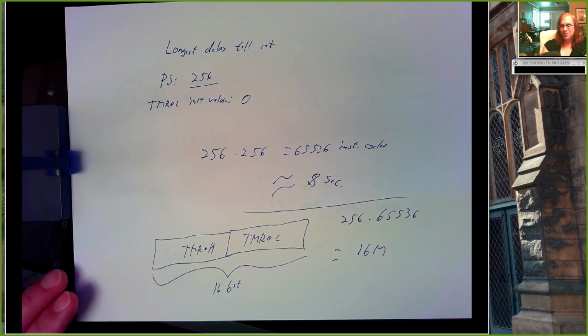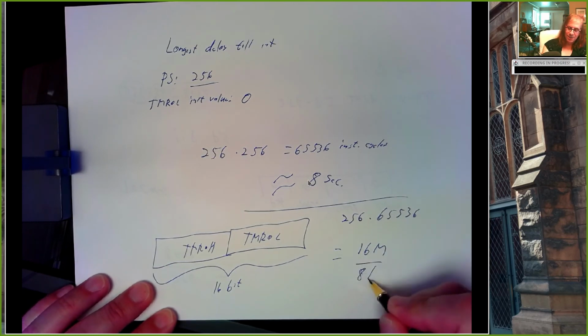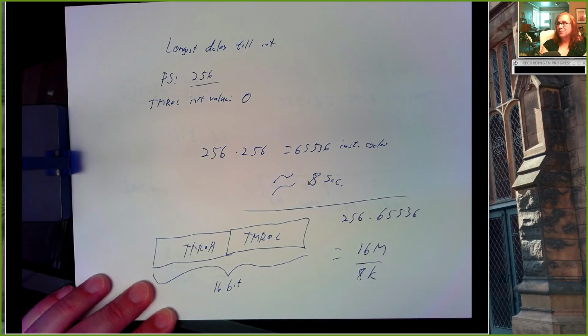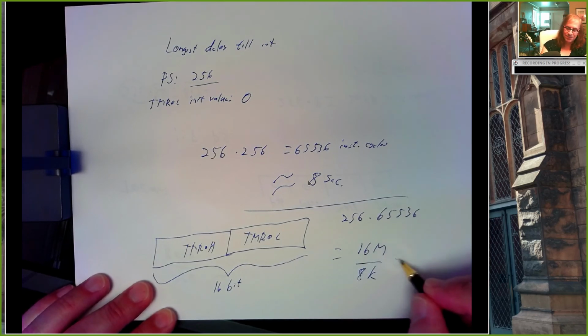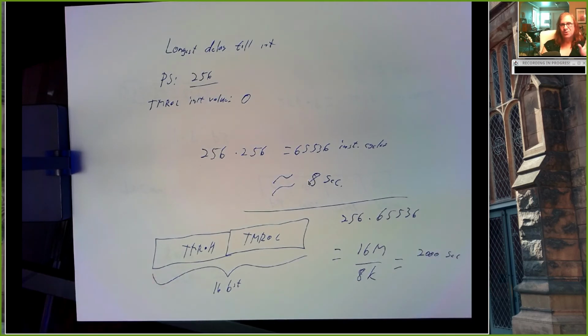So 16 million instruction cycle ticks. And if we divide by 8,000 instruction ticks per second, this would come out to 2,000 seconds. And so it's about 40 minutes or so, 35 minutes, something like that. So a little north of half an hour. Which isn't bad.